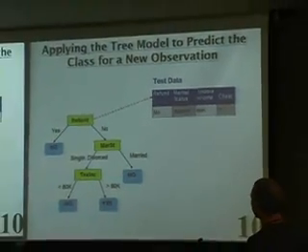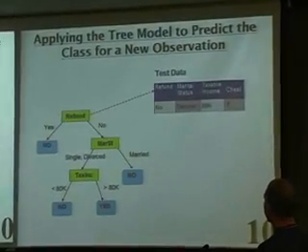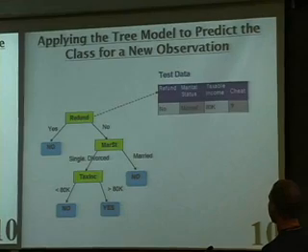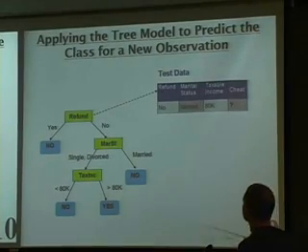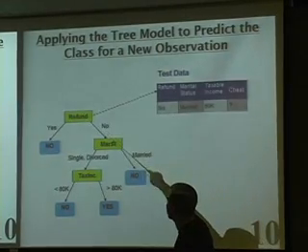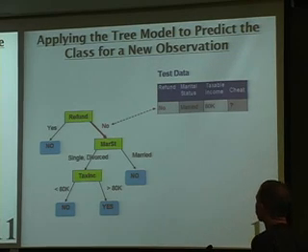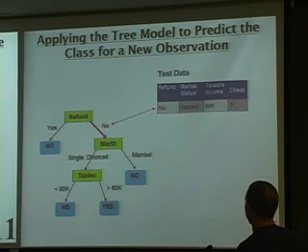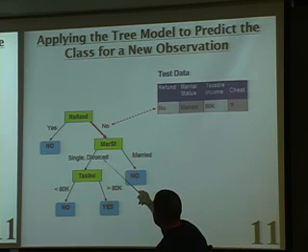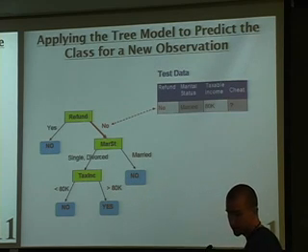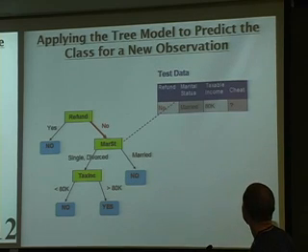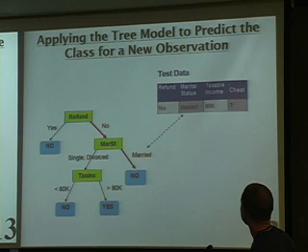At the beginning, you say, okay, did he request a refund, yes or no? This person did not request a refund, so he's going to go down this branch, okay? And then I ask about his marital status, right? Is he married or is he single or divorced? And this person happens to be married, so I follow him out here. And then the last thing to say is, well, that's it, right?